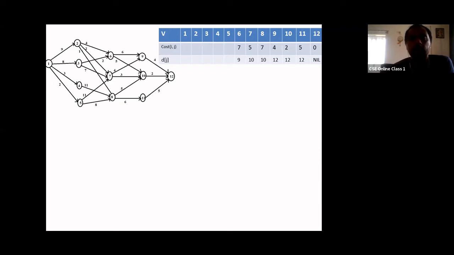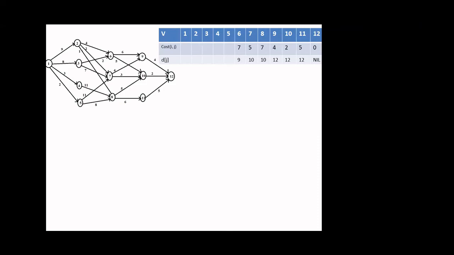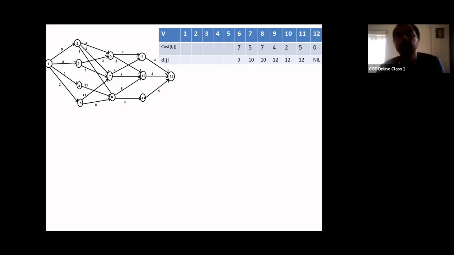Similarly, we'll fill the table. Once we complete stage 2, stage 1 utilizes the calculated values of stage 2. We get 4 outgoing edges from stage 1, and therefore we choose the best among those 4.